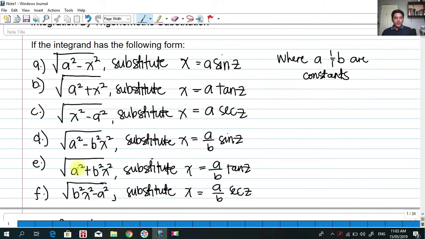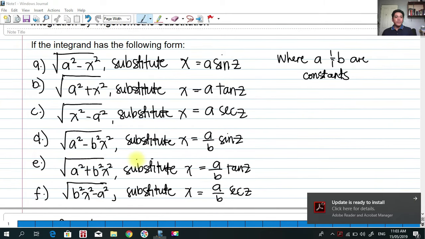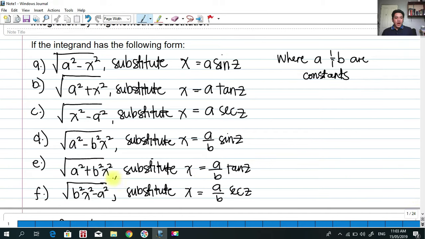Okay? So for letter E, we have the square root of a squared plus b squared x squared. Okay? We can substitute x is equal to a over b tangent z. And again, this is a general form of our letter B formula, where the coefficient here is 1, so a over 1 is simply a tangent z.